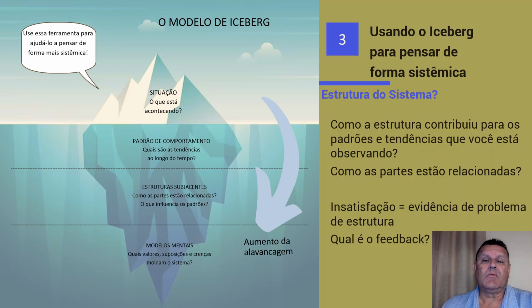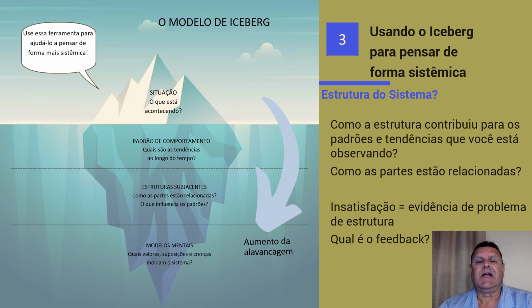The structure that we talk about is how are the parts of the system connected? How are the parts of the church system connected or related in such a way that might be influencing those patterns? For example, where do we see dissatisfaction in the system? That's evidence of a structural problem.